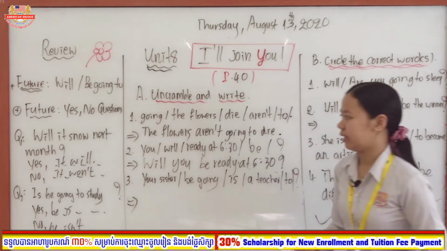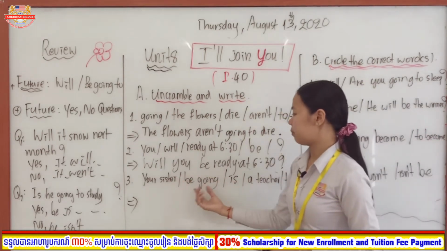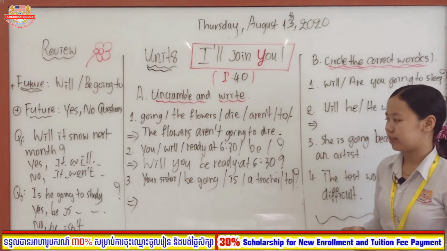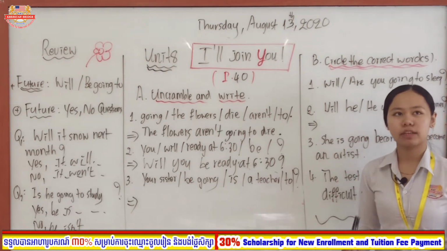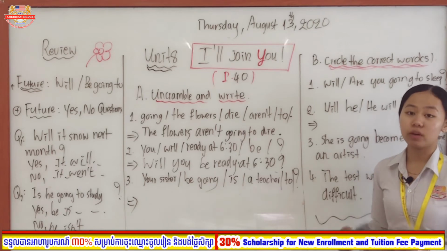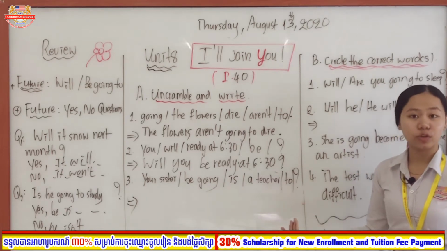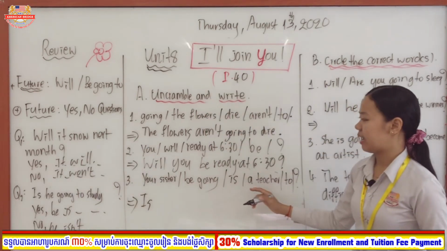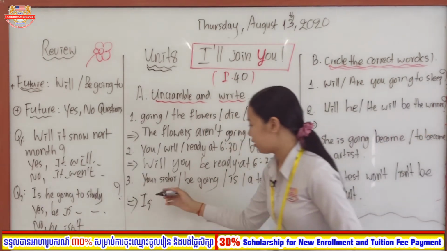And from here: your sister, be going to, is a teacher, and then a question mark. So it is also in the question form, but here the question form is with be going to, right? So we need to put the to be first, which is is, and then we find the subject, your sister.